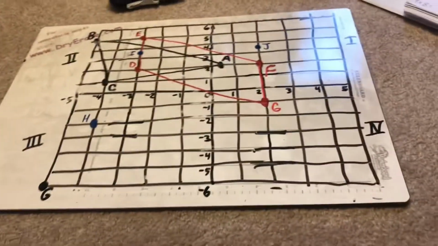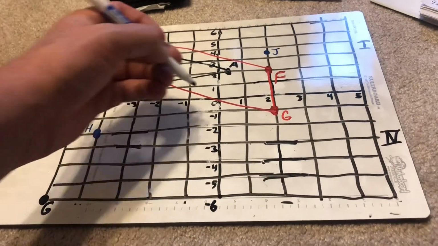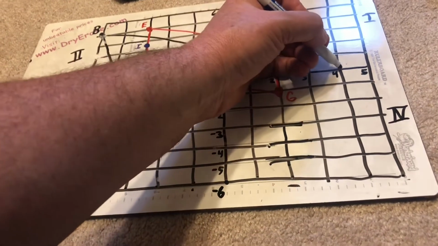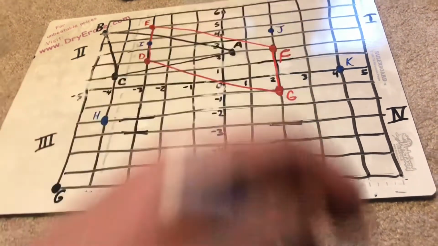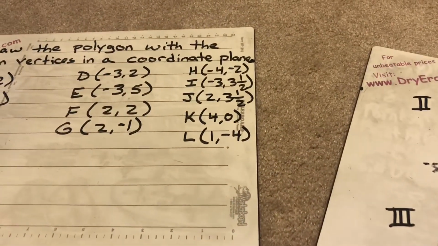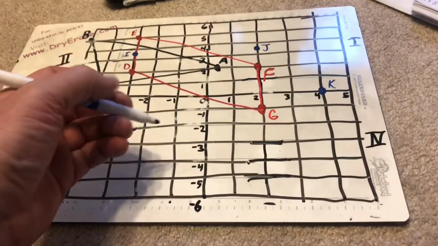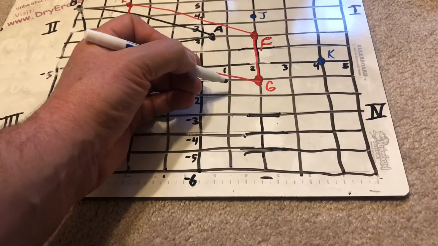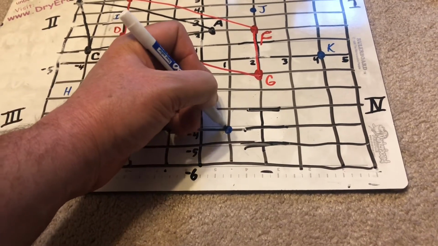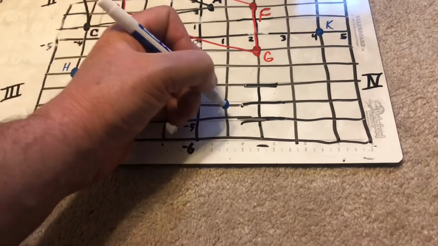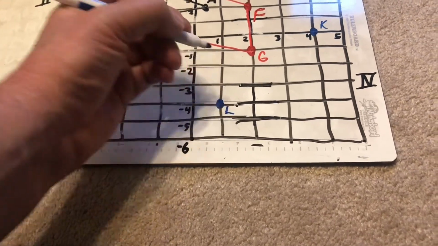Over 4, up 0, right there, point K. And the last one, point L, at 1, -4. Over 1, down 1, 2, 3, 4, right there with -4. We'll call that point L.